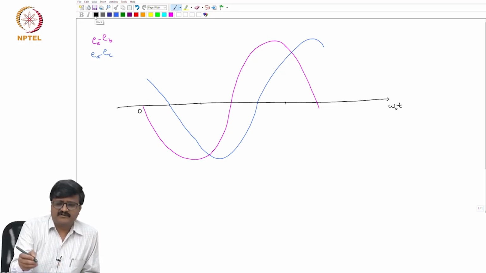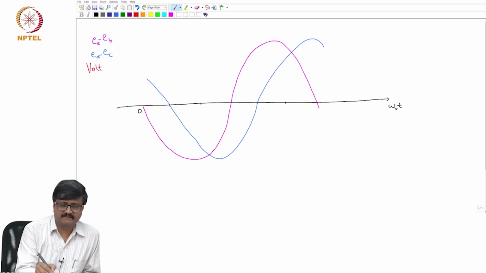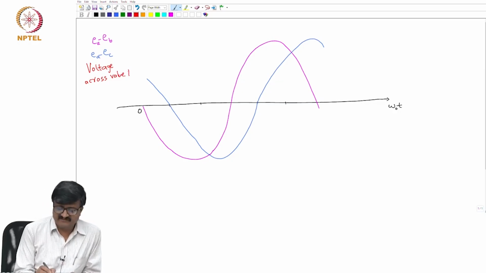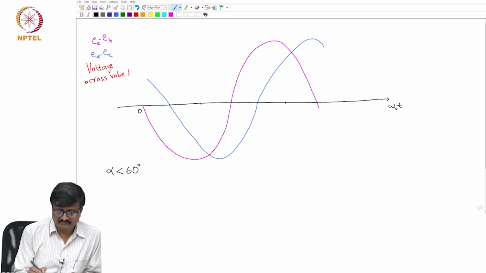If I want to plot the voltage across valve 1, we will consider the case of alpha less than 60, and of course greater than 0.